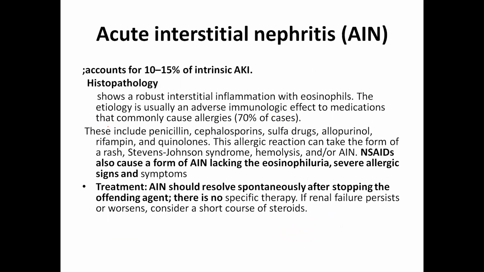Now acute interstitial nephritis accounts for 10 to 50% of intrinsic AKI, and histopathology shows robust interstitial inflammation with eosinophilia. This is very important.